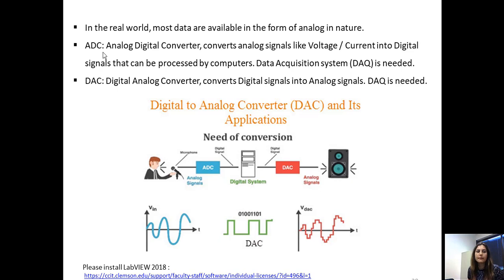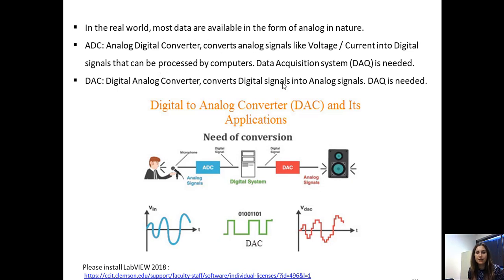So for example, if someone is talking on a microphone and producing some sound wave, and this microphone is transferring that sound wave into a current or a voltage signal, it produces an analog signal. Then you need to have an analog to digital converter which converts these analog signals like voltage or current into digital signals that can be processed by computers.